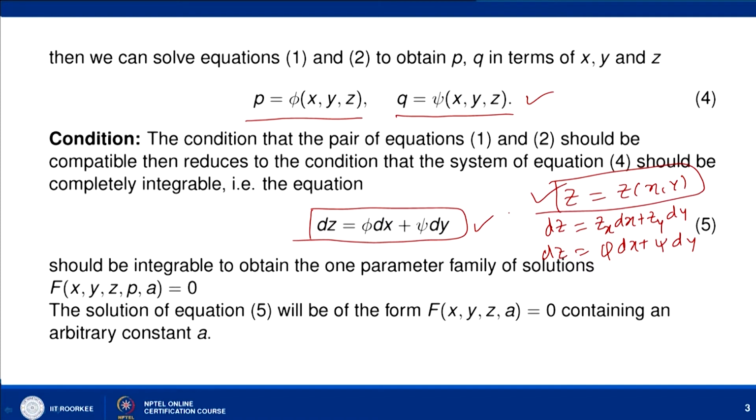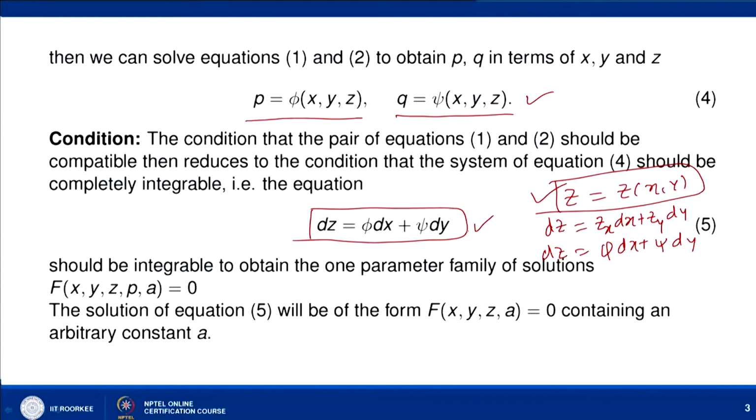So, once we are able to solve equations 1 and 2 for p and q, we put them in equation number 5, and if we are able to integrate it to find our solution z equal to z of x, y, then we have found one common solution. The solution of equation 5 will be of the form f of x, y, z equal to a, and that will contain an arbitrary constant a.